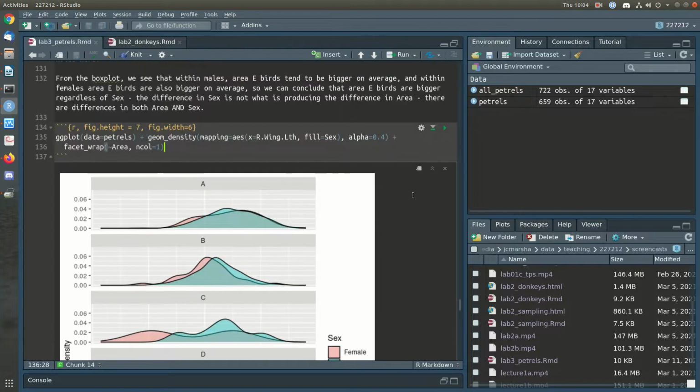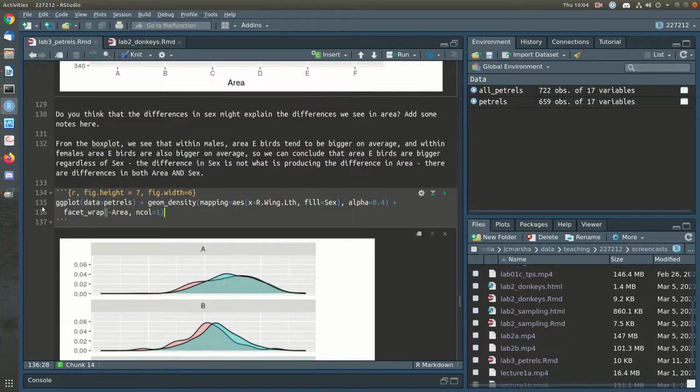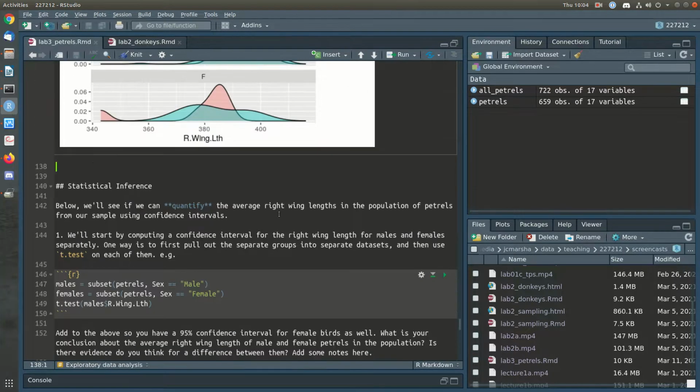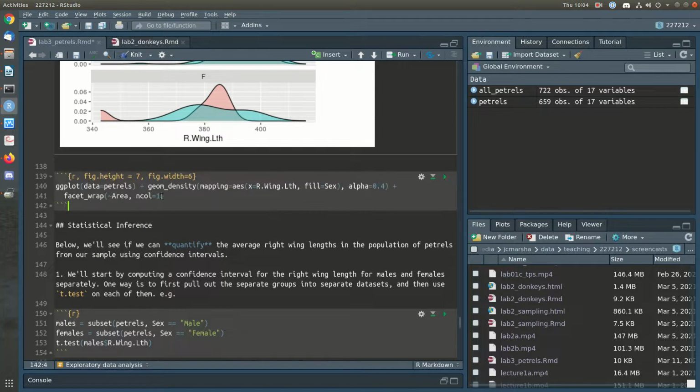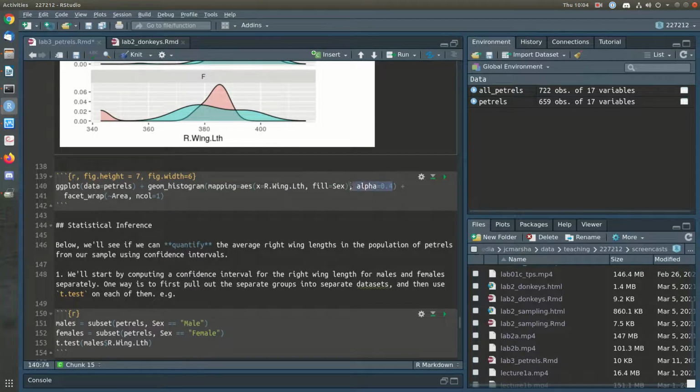Okay, and you could do the same with the histogram. Let's do, perhaps we could grid it for a histogram. So let's jump histogram. Let's just do a single one, and then we'll facet grid by sex and area.